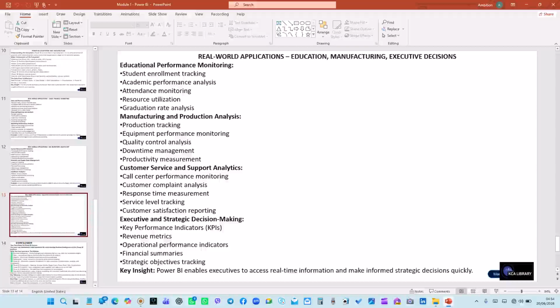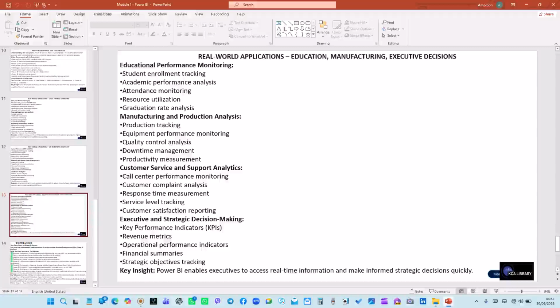In the manufacturing industry, it can be used in production tracking, equipment performance monitoring, quality control analysis, downtime management, and productivity measurement. In customer service and support analysis, Power BI can be used for call center performance monitoring, customer complaint analysis, response time measurement, service level tracking, and customer satisfaction reporting.